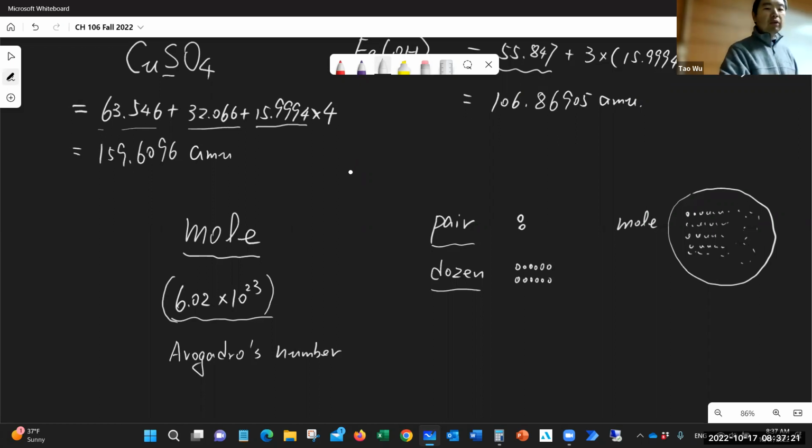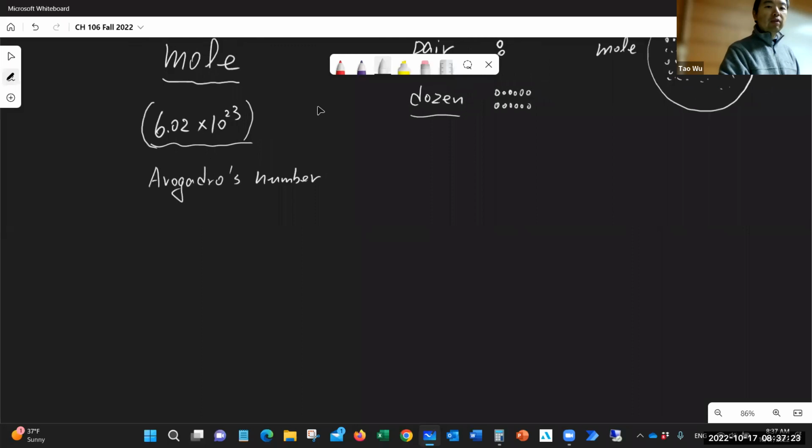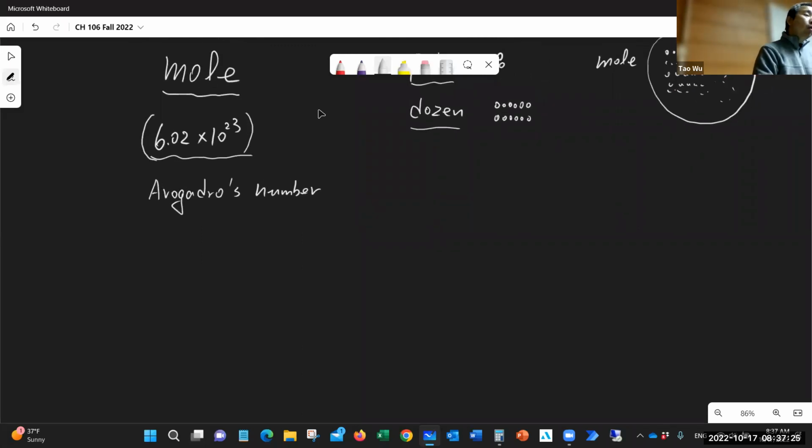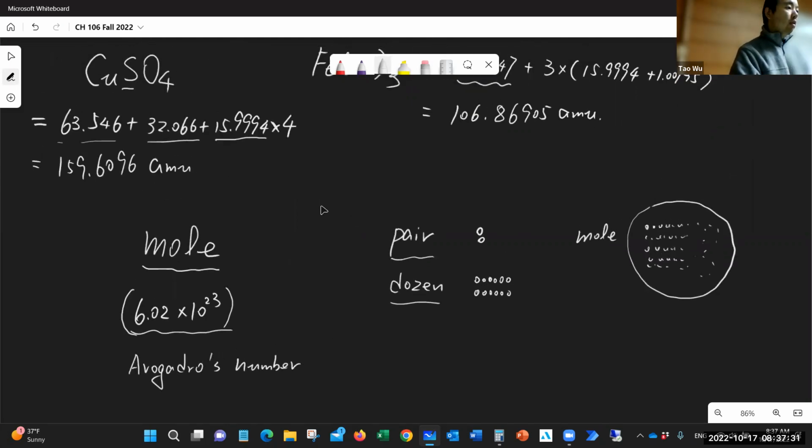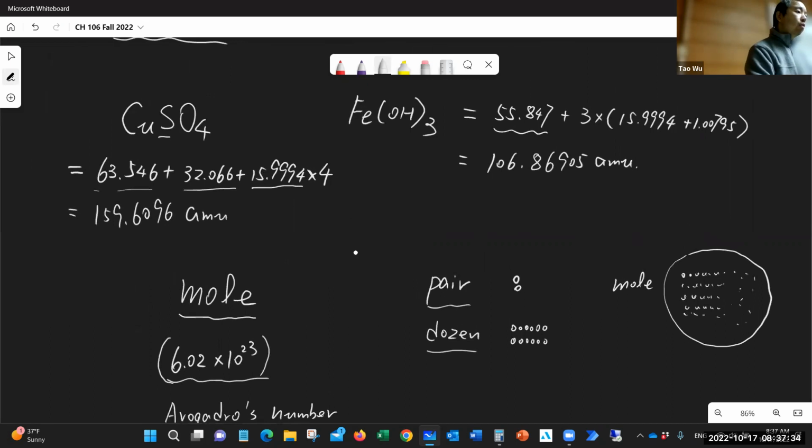Another beauty of the mole is that when you're using a mole, you still can find the numbers. Last time we talked about this number, 63.546 AMU. AMU is the mass for the copper, right?